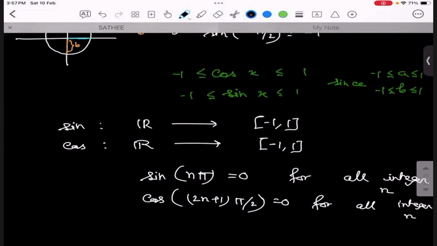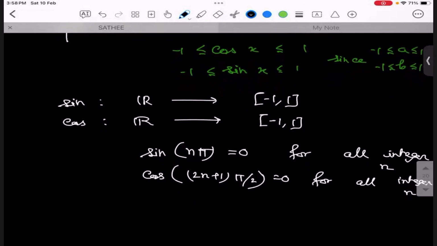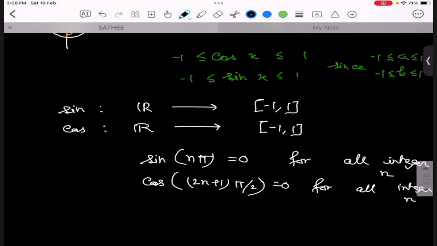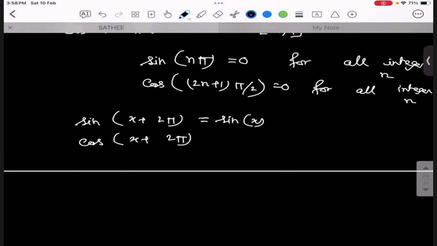So we have discussed in this class the domain and range of the functions sine and cos, and when the functions have the value 0, for each rotation. And note that for both the functions, sine of x plus 2 pi equals sine x, and cos of x plus 2 pi equals cos x.